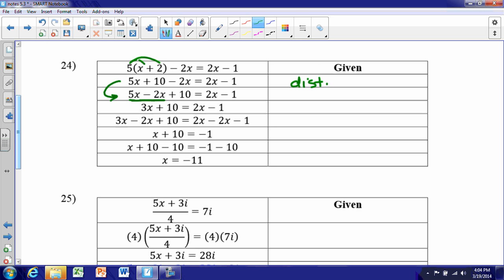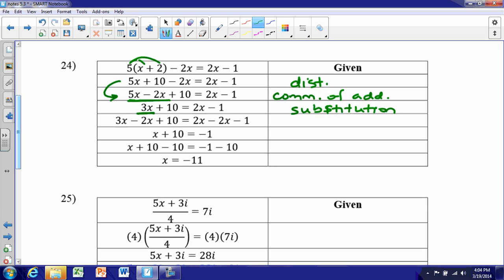The only thing that's different is that I actually switched the 10 and the negative 2x. So I changed the order, so that's commutative of addition. Then I subtracted 5x minus 2x, and simplified, so that's substitution.